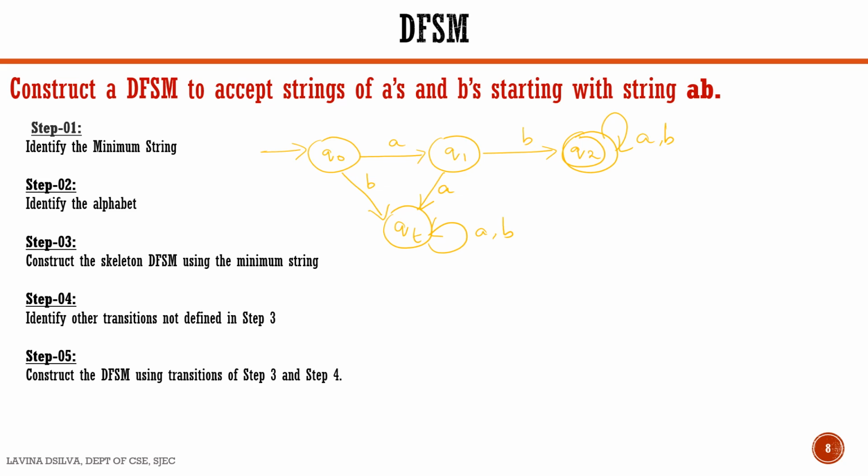Therefore, M is equal to our states. We have Q0, Q1, Q2. We can also write the Q trap state. Even if you don't write it, it's okay.